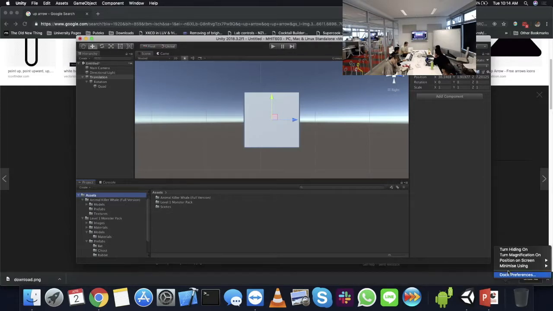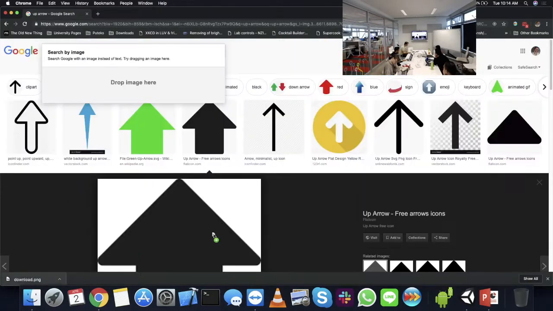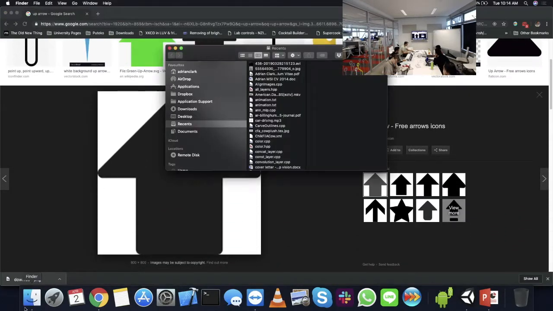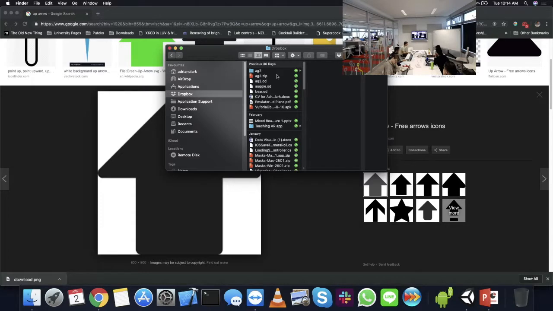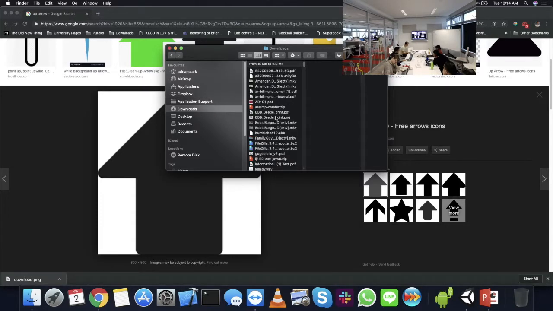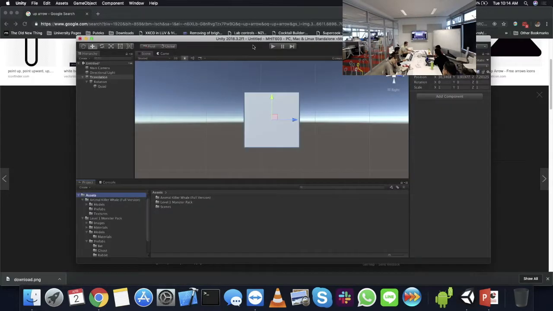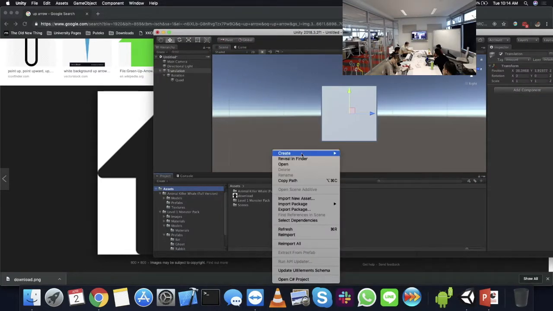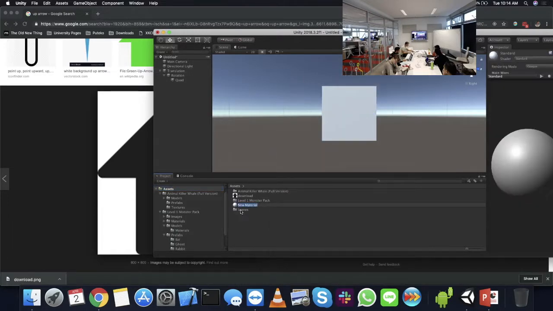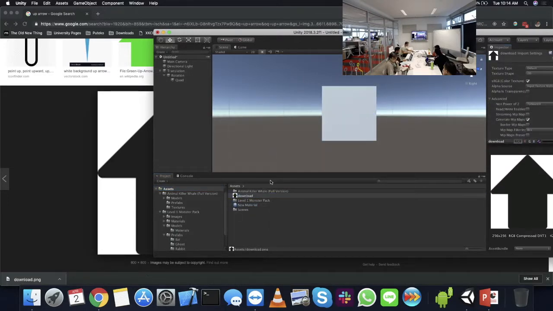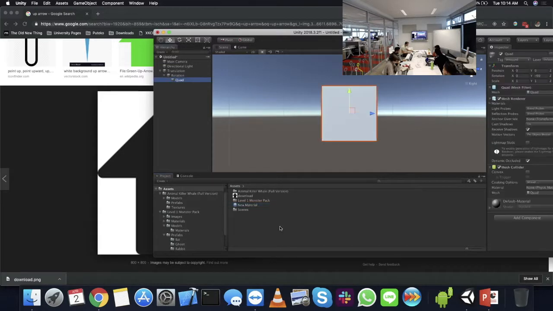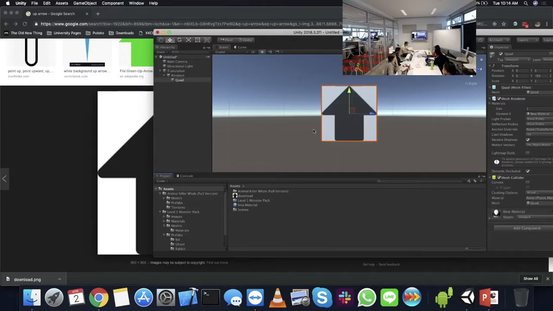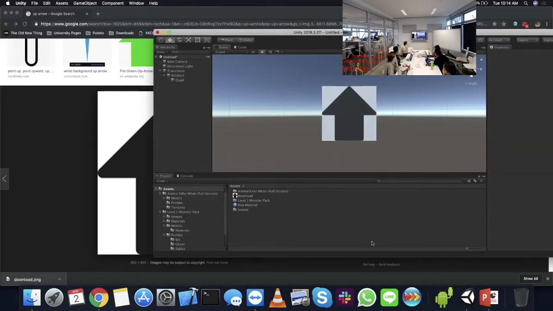I've just lost my download menu. I will talk about what I'm doing here either at the end of this lecture or maybe on Thursday. Okay, so there's my arrow, create material. There we go. Okay, that was a very long-winded way to get an arrow on the screen, but we're there now.